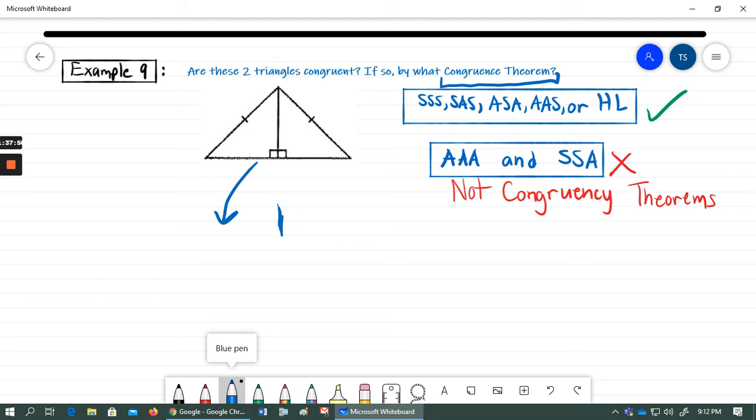They have one side right there in the middle that's shared, and that same shared side is congruent to itself by the reflexive property of congruence. Yes, it is. The same shared side is definitely congruent to itself by the reflexive property of congruence.